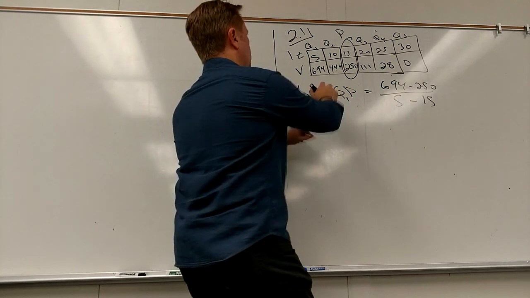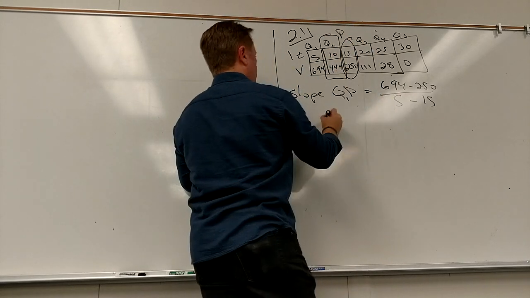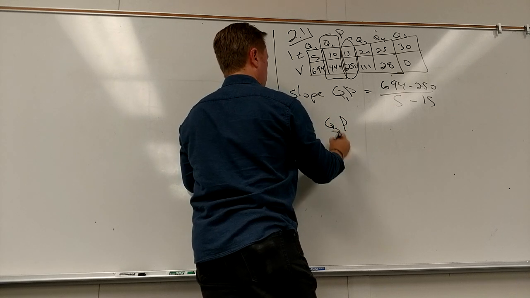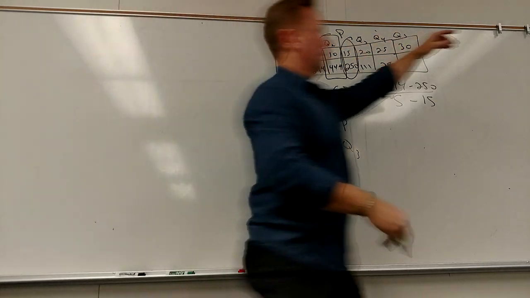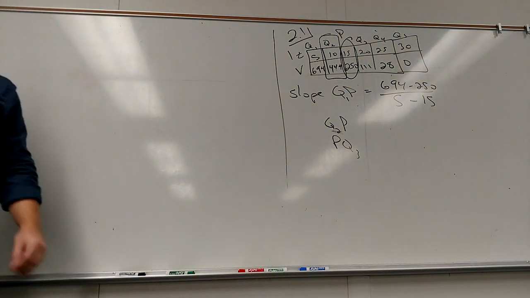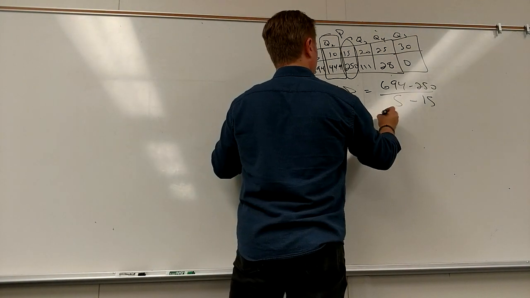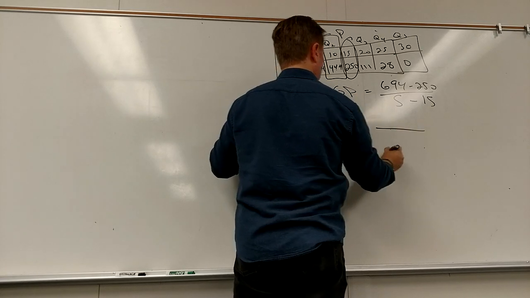Now let's jump to the chase here. Can you guys take a minute and figure out the slope for Q2P and for PQ3? That would be this slope and that slope. Just to make sure everybody can do this on their own. Write it down yet.